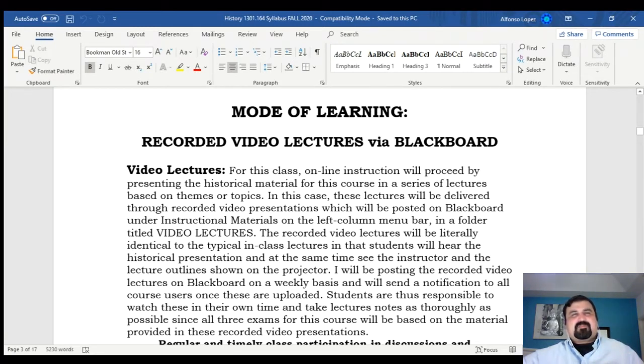It's in the menu column on the left, where the syllabus is, just below, you're going to see a link that's titled instructional materials. You click on that and you're going to see a folder titled recorded video lectures. Okay, so it is here that you're going to see all of the historical lectures already available there.